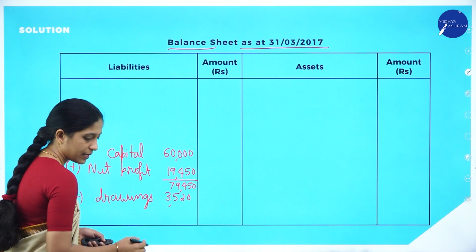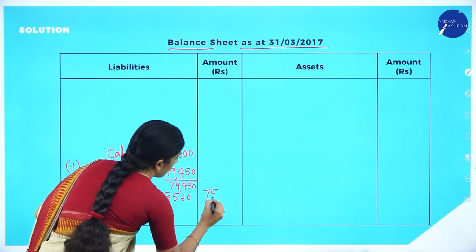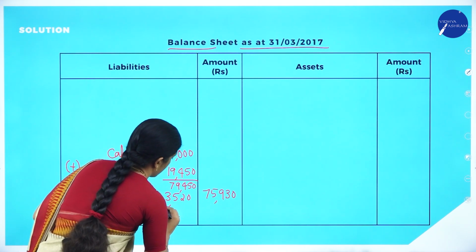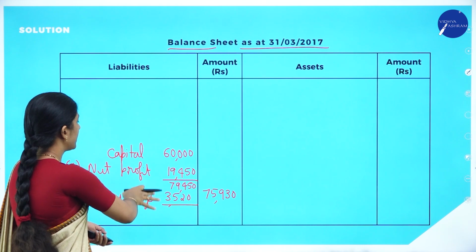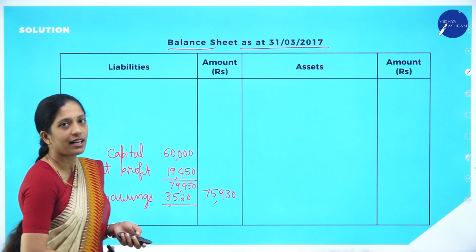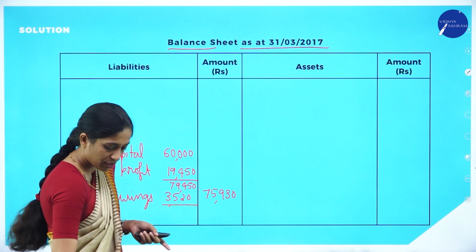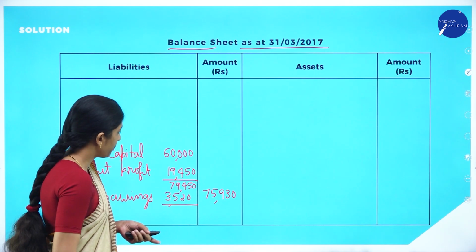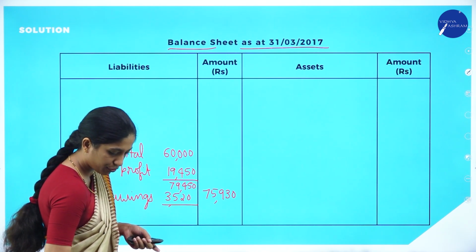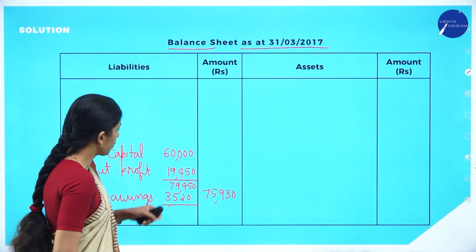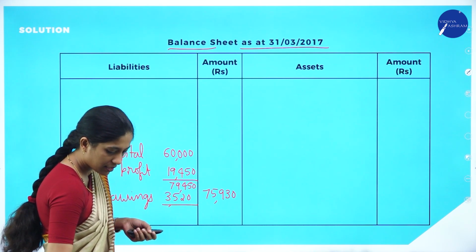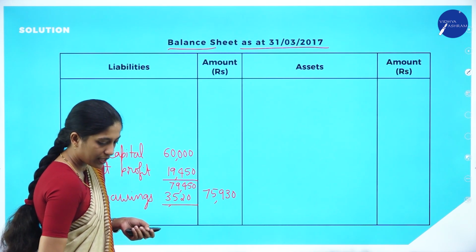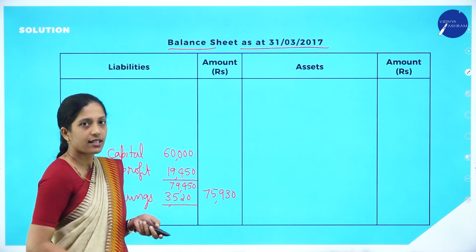So you'll get 75,930. Okay, so this is how you will treat the capital: capital, add net profit minus drawings. So again we shall recheck here. 60,000 plus 19,450, we'll get 79,450 minus 3,520, so we'll get 75,930. Yes, this is correct.